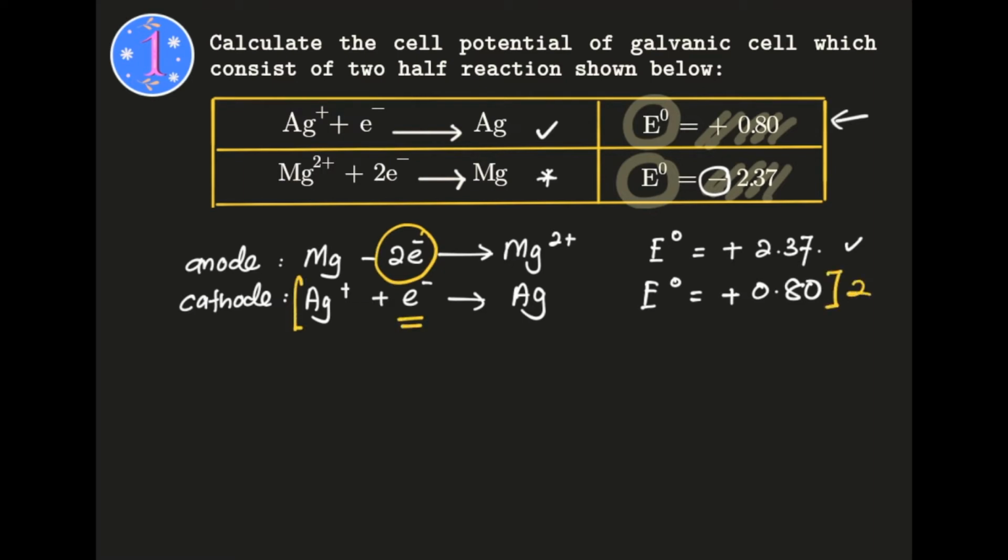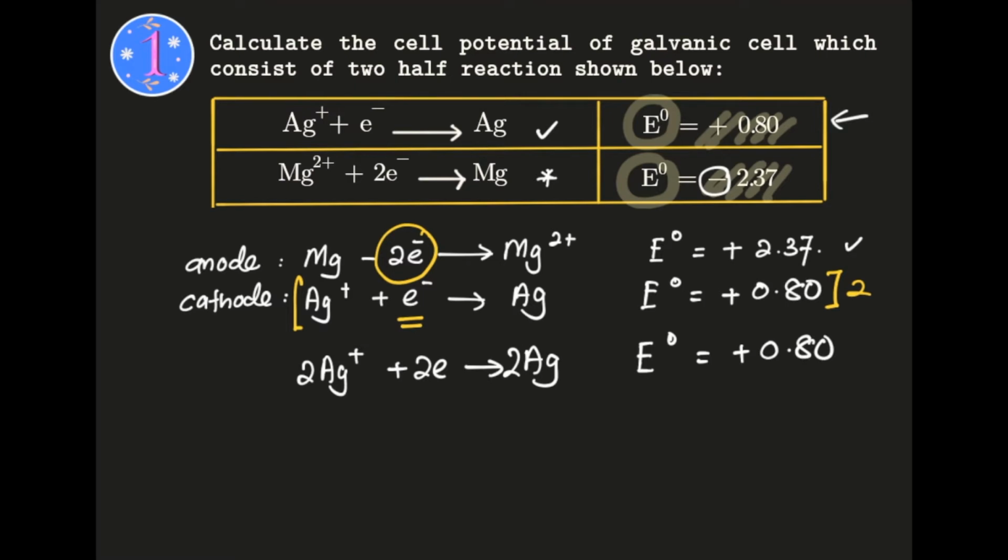So everything you need to times 2. Therefore, at cathode, you can say that you have 2 argentum plus 2 electron, and then only you get your argentum. So your E node, although you times 2, stays the same, which is 0.80.